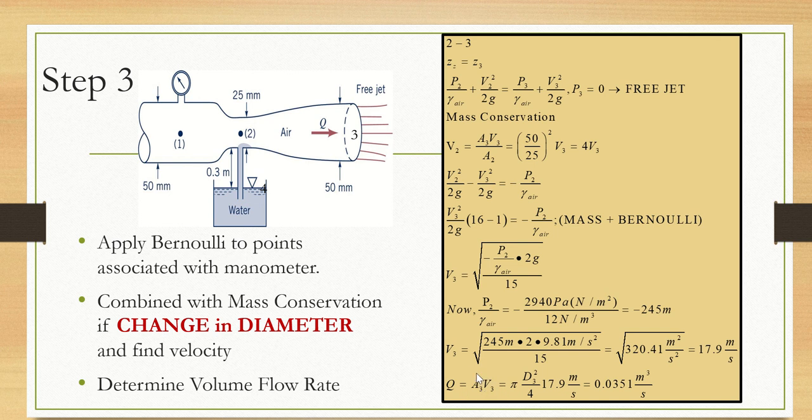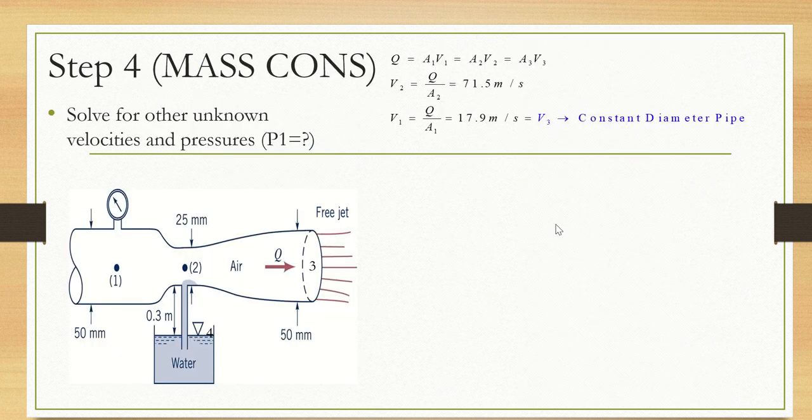I know that the area is the area that is normal to the flow stream, or pi d squared over 4. So Q is equal to the area times my velocity. So my volume flow rate is 0.0351 cubic meters per second.